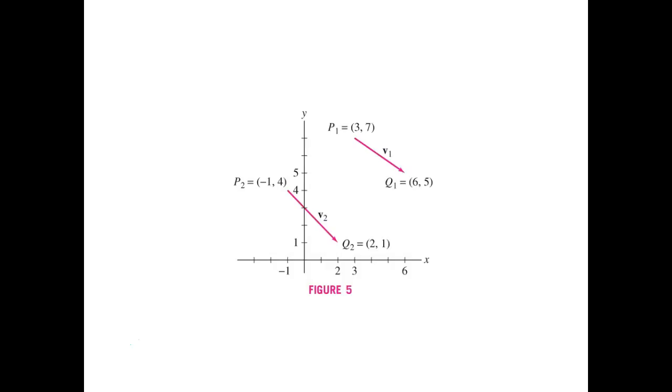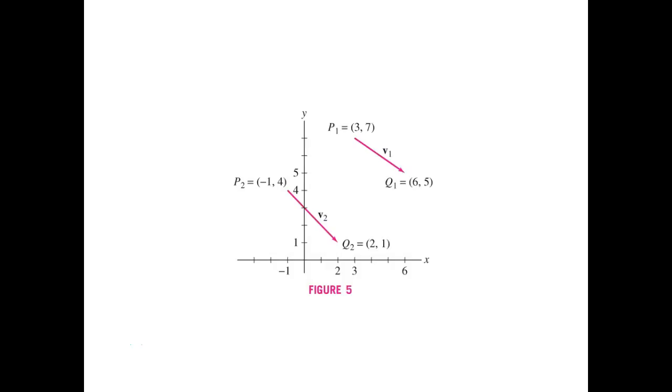What's the component of V1? Not that hard. 3 what? Not quite. 3, negative 2. Okay, because 6 minus 7. Okay.